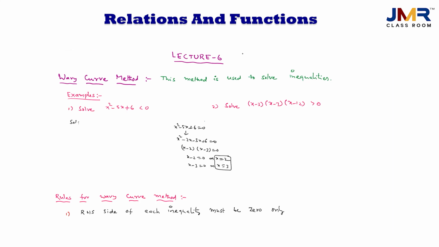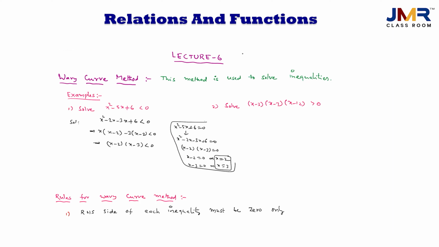Then how to solve this inequation? Again, the same way: x square minus 2x minus 3x plus 6 less than 0. Then take x common, x minus 2 common, (x minus 2) into (x minus 3) less than 0.